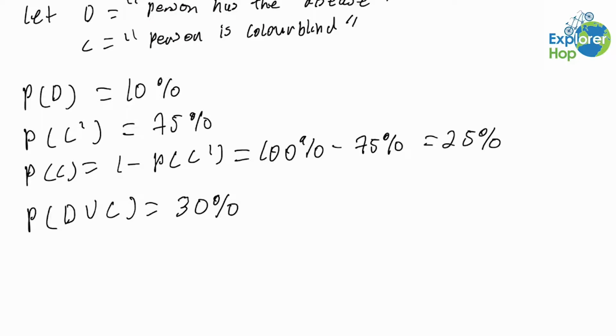Now, we want to find the probability of a person being colorblind given that they have the rare disease.